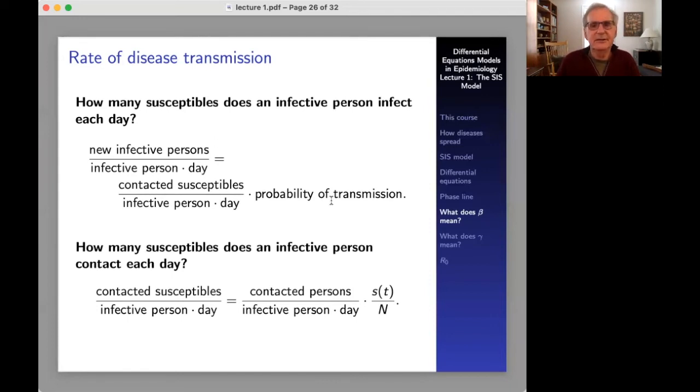Okay, so let me say a little about what I mean here. What do I mean about an infective person contacting the susceptible? That depends on the disease. That means you come into contact with the susceptible in a way in which the disease would normally be transmitted.